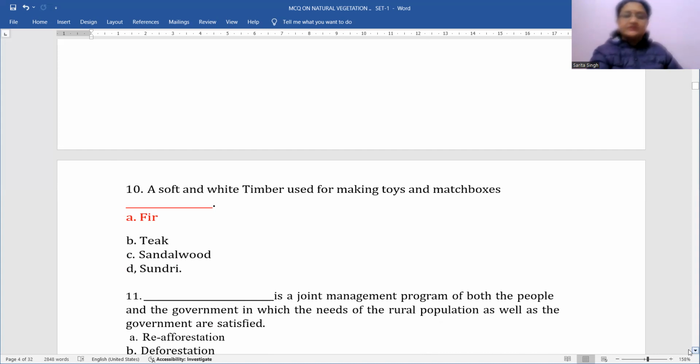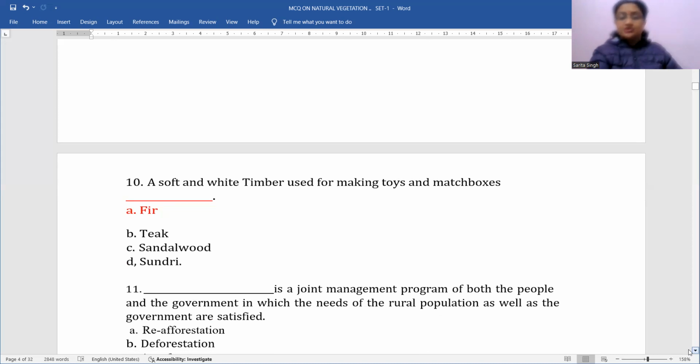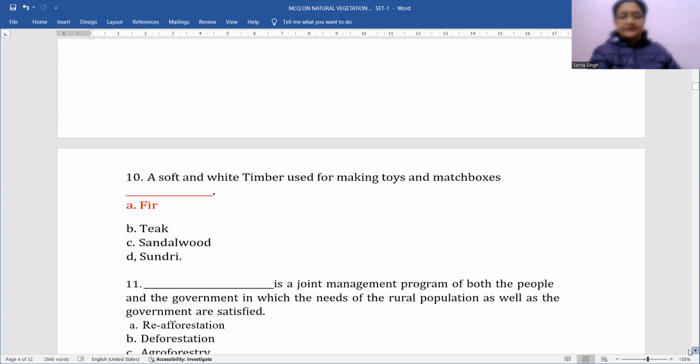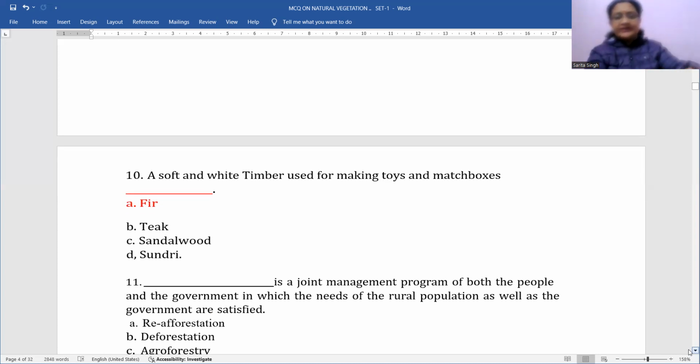Next question, children, a soft and white timber used for making toys and matchboxes. Which of these could it be? Option 1 is fir, number 2 is teak, number 3 is sandalwood and number 4 is sundari, right? Now in this, fir is the best option, right? Because, children, of all the trees whose names you see, fir is the only tree which belongs to the coniferous type of trees, right?